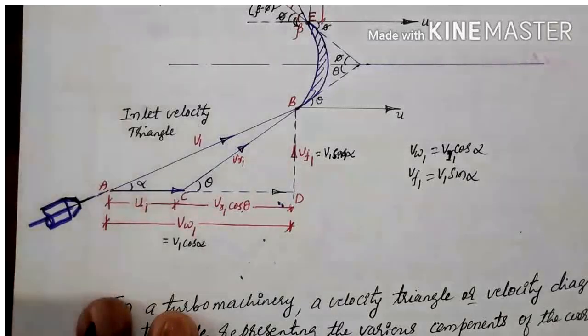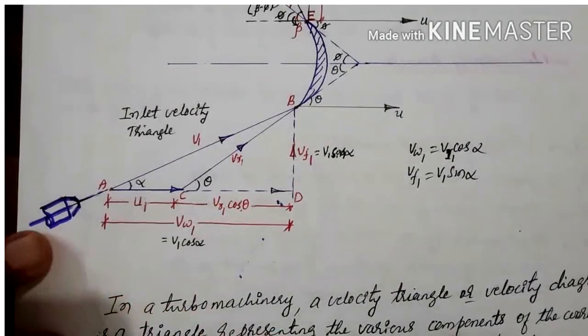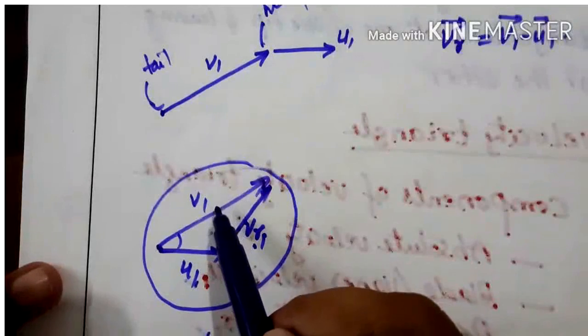Then next, we have placed the tail of vector v, as I said in this one. This is the tail and this is the head. So place the tail of vector v at the head of vector u, where u is the plate velocity and v is the absolute velocity.